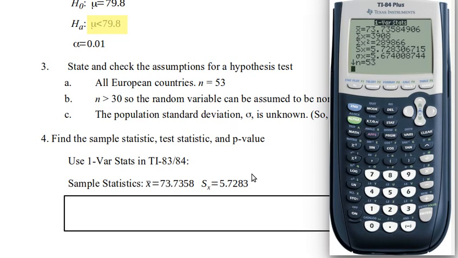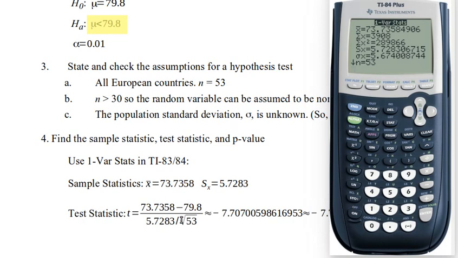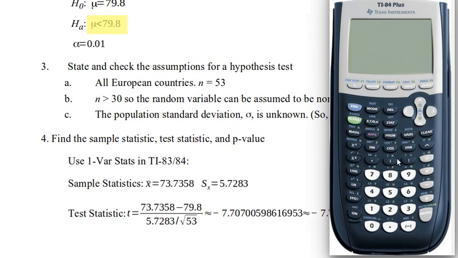The only difference is that we're using s sub x, that is the sample standard deviation, instead of sigma, the population standard deviation. So when we go through and do that in our calculators, let's go back to the home screen. Let's enter that sample mean, 73.7358.